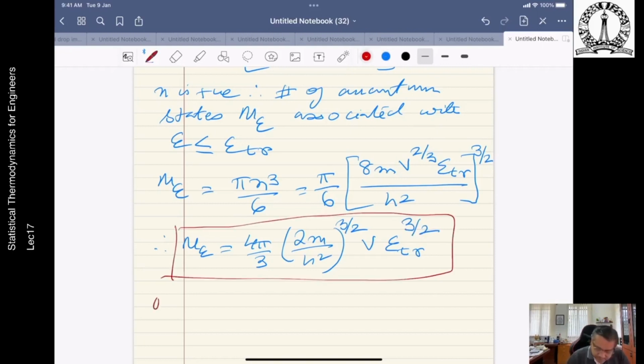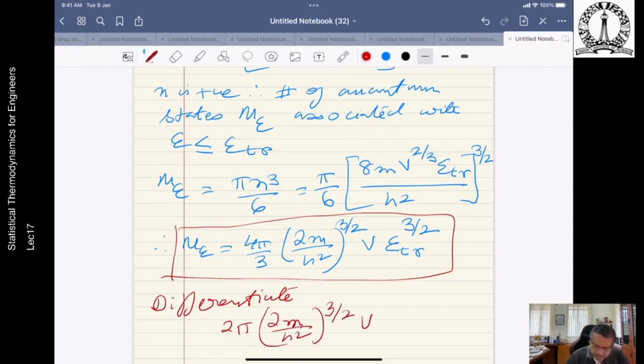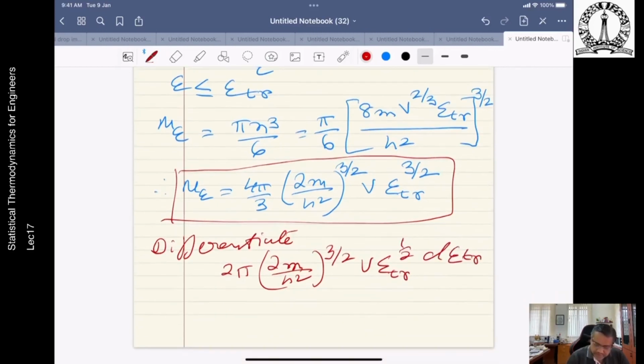So if you differentiate this, you will get 2 pi (2m over h squared) to the power 3/2 V times E translational to the power 1/2 dE.